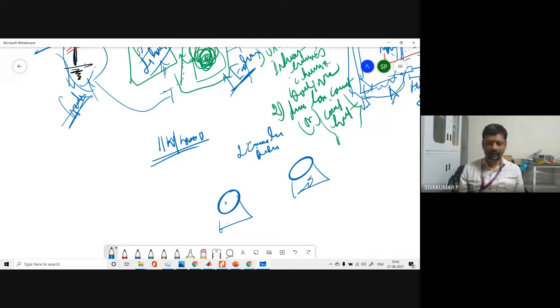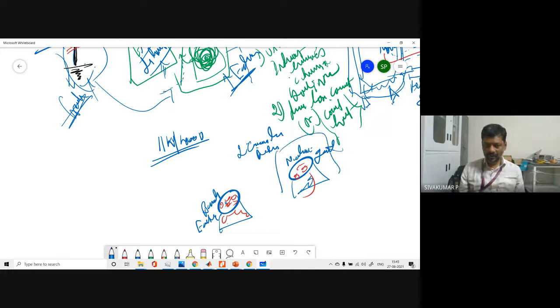So they have some earthing stones. One is from the body earthing, another one is neutral ground.